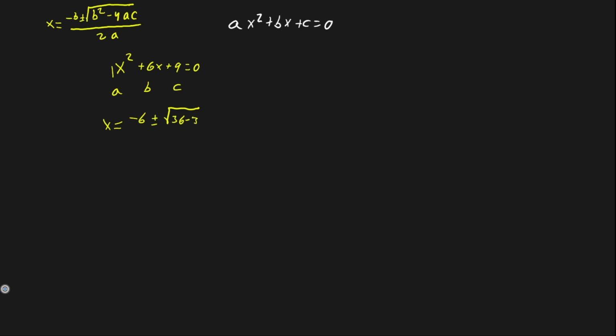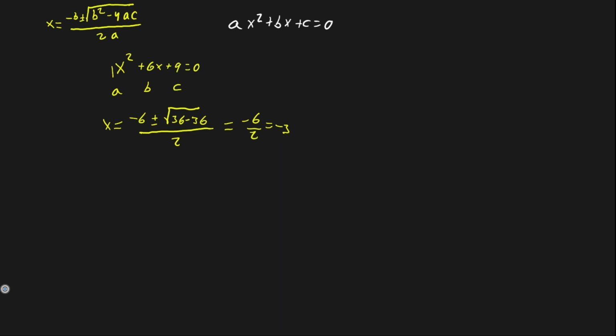That is positive 36 or negative 36 because minus 4ac. We have negative 36 and all over 2 times 1. Since a is 1, we don't need to write 1 down. So we just have this, giving us x is equal to negative 6 over 2 is equal to negative 3.